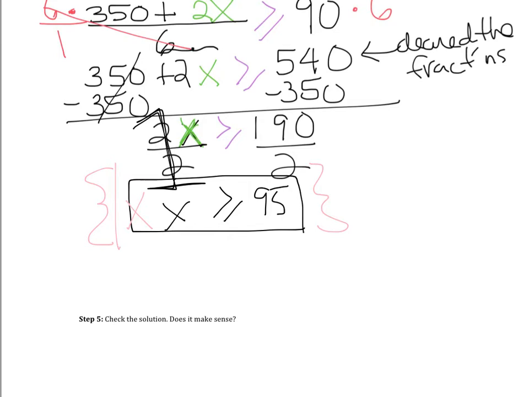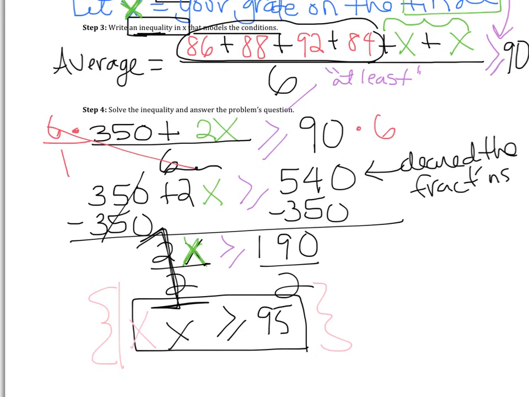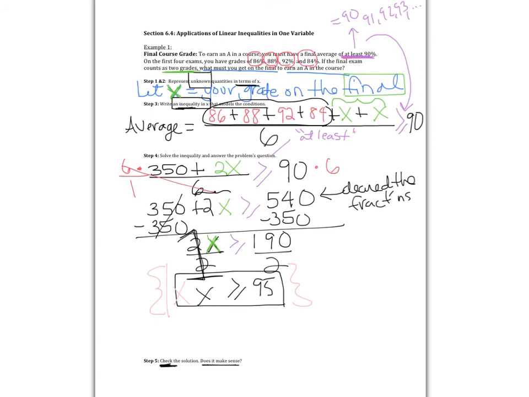Okay, so does this make sense? This is step 5, right? Check your solution. Does it make sense? Well, let's look at what we have. If we look at the big picture, the goal is to find x.